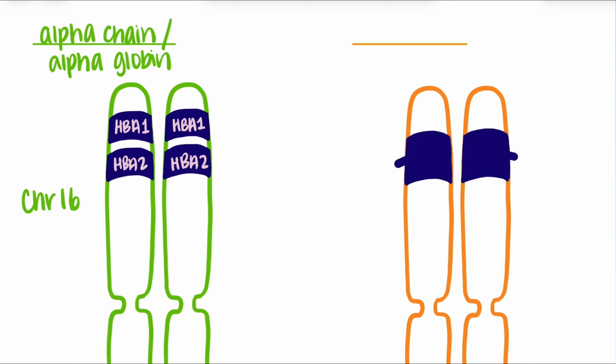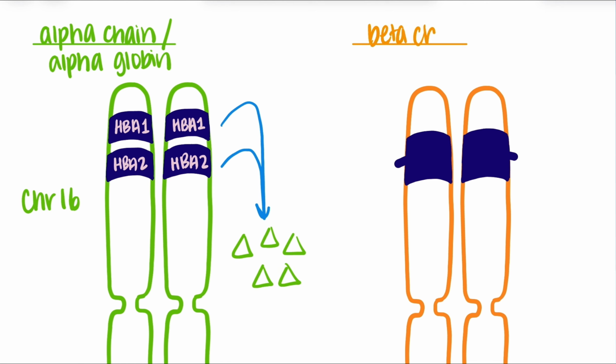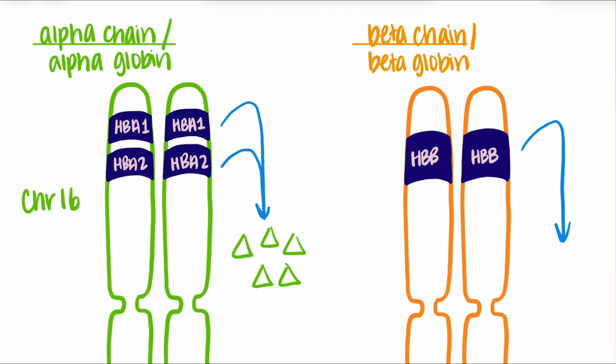It doesn't matter which gene the proteins are encoded from. You can think of them as all going into the same pile in a hemoglobin-making factory. On the other hand, the beta chains, or beta globins, are proteins that are encoded by the HBB gene. There is only one HBB gene, and it's located on chromosome 11.